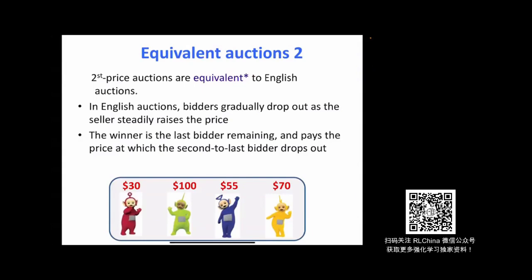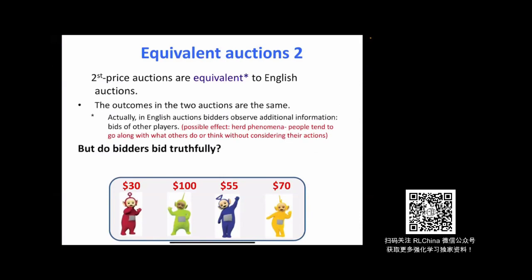So for example, somebody drops out at 70 as the second last, and you have 100 in mind, you don't really need to reveal that. You're probably going to get that item at $71, right? So the English auction is quite similar to the second price auction. You only pay the second highest bid.